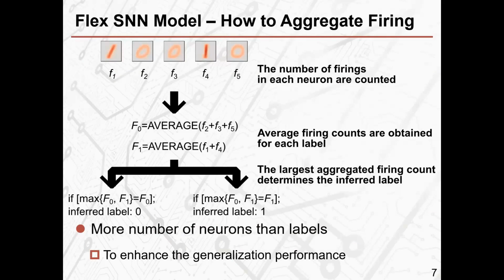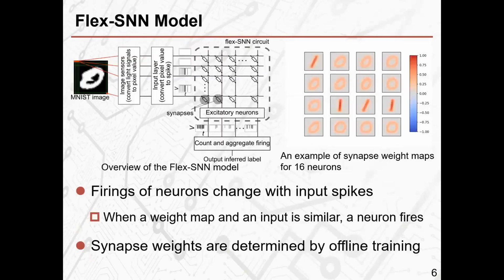These firing counts are used to obtain an average firing count for each label, and the largest aggregated firing count determines the inferred label. Here, the number of excitatory neurons is 16, and the classification labels are only 2.